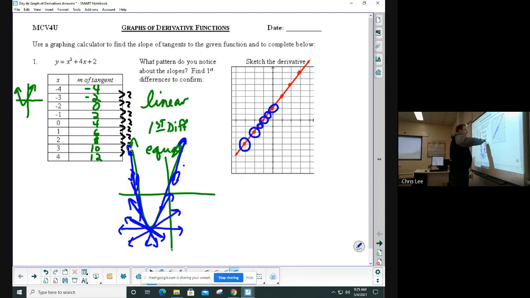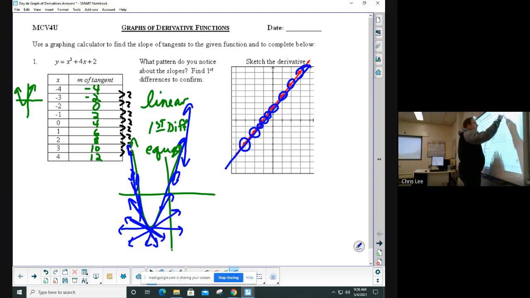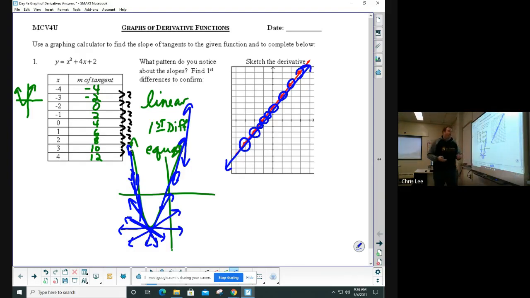So every time I draw a tangent, the slopes get steeper and steeper. And that's why the shape goes like this. And it turns out the way that the tangents change, the steepness ends up in a straight line, which is why we end up with a derivative that looks the way it does. Okay?